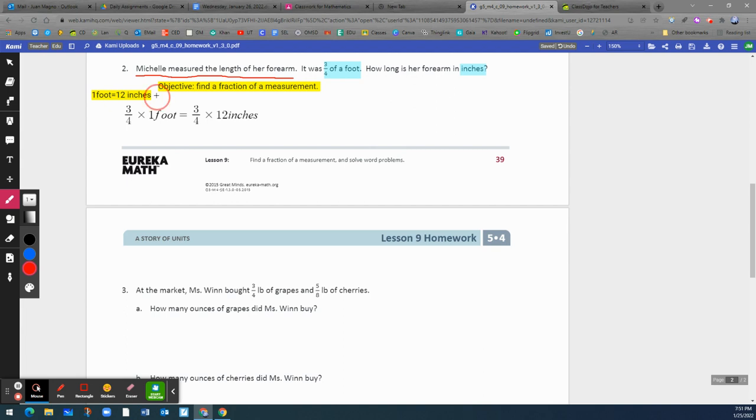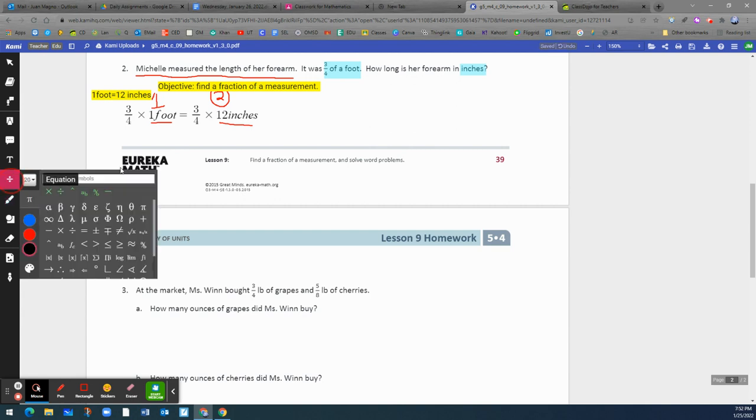This is step number 1: you write the problem in multiplication form. Step number 2, change the foot to inches. In this case, you change one measurement to the one that you need to convert it into. All right, let's continue.